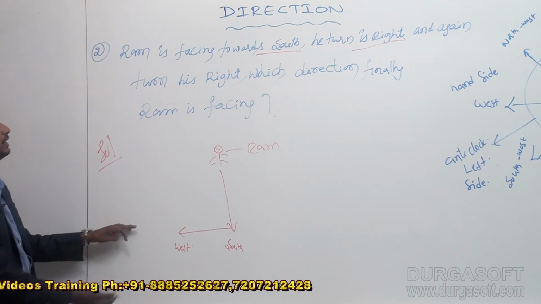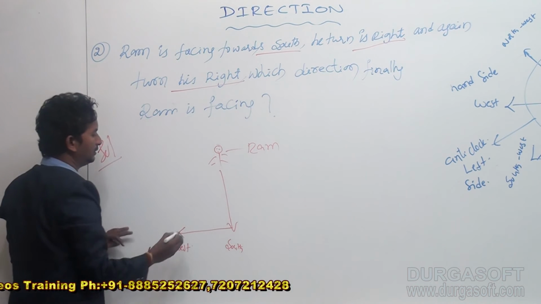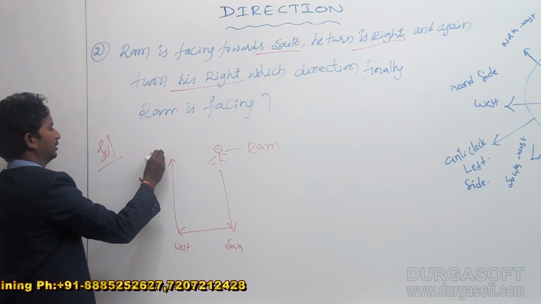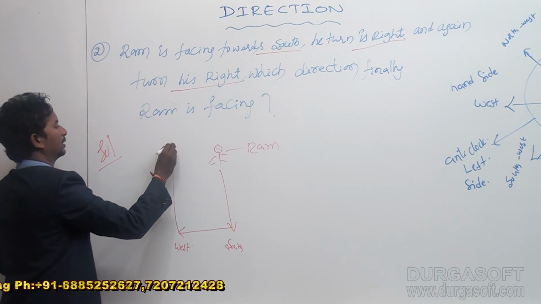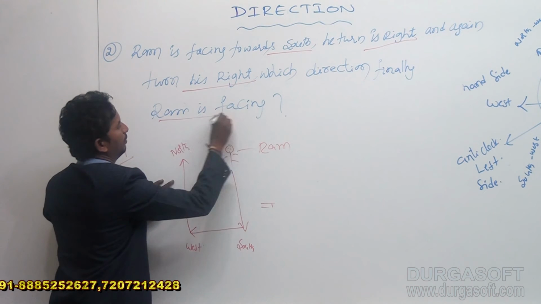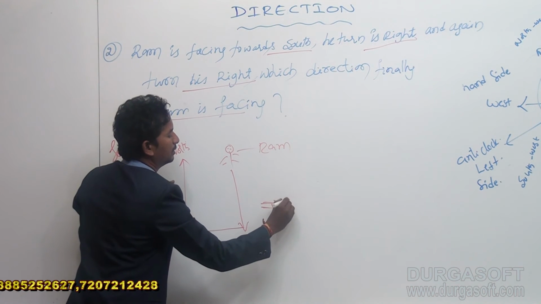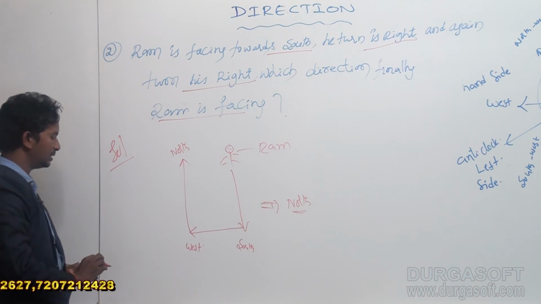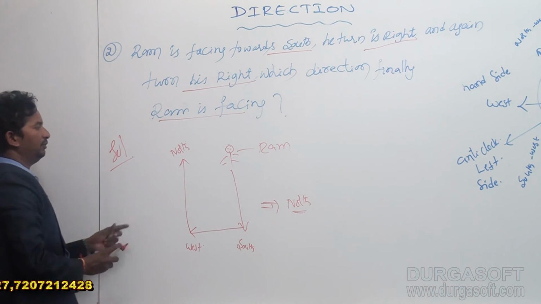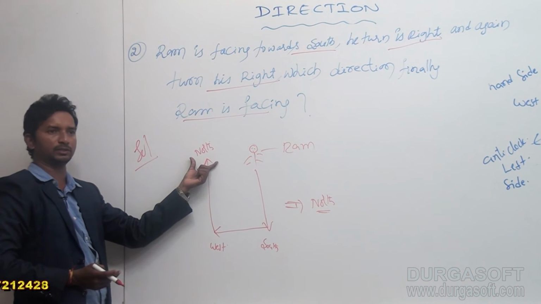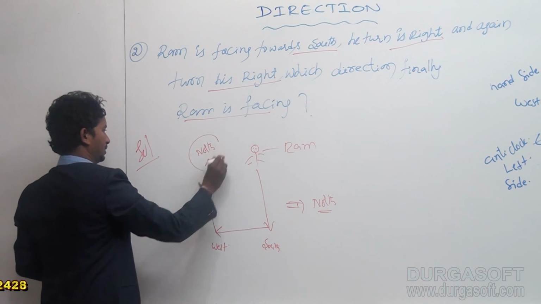And again finally the turn is right, nothing but the person is going towards the north. So in this one also, finally Ramu is facing towards the north. This is type 1. The direction in which the man goes in the end is your answer.